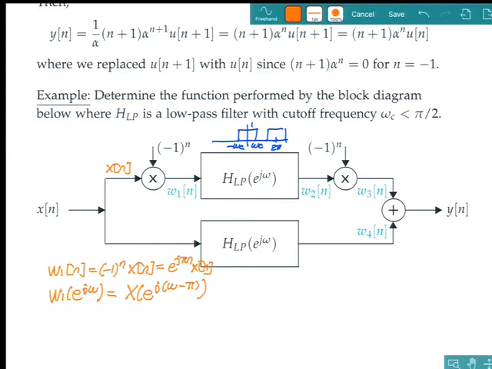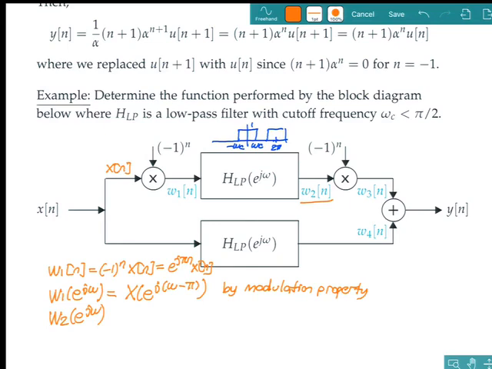All right. So let's write down the property we use every time. So, the modulation property. And we discussed that in the last lecture. Okay. Now I'd like to know W2 of e to the j omega, W2 being this signal. So what is W2? What stands between W2 and W1?